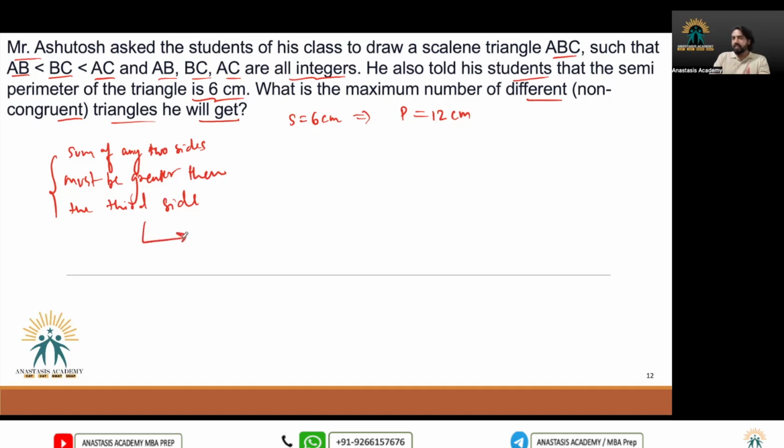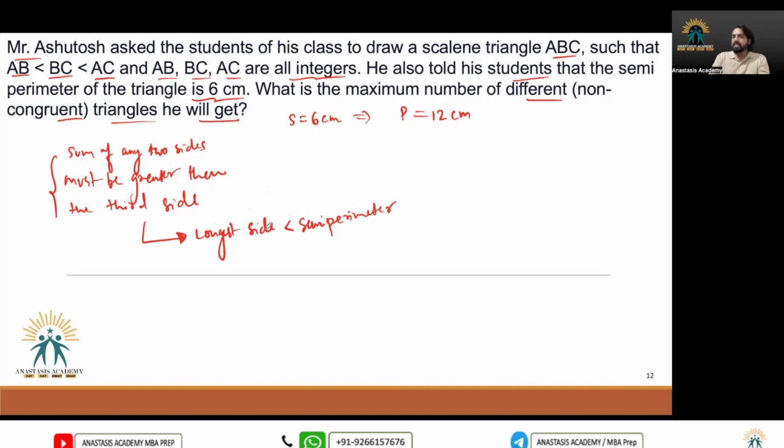From this property, I can say that the longest side of a triangle must be less than the semi-perimeter. How can I say this?